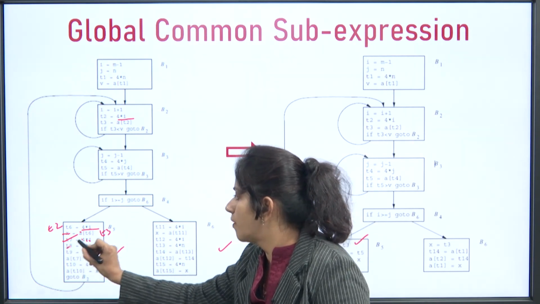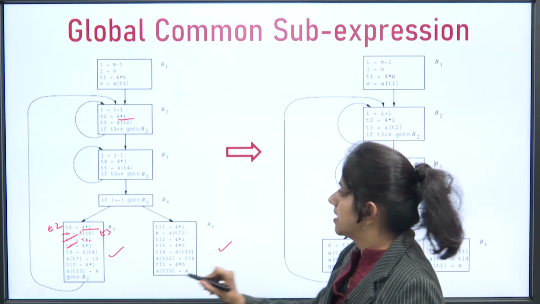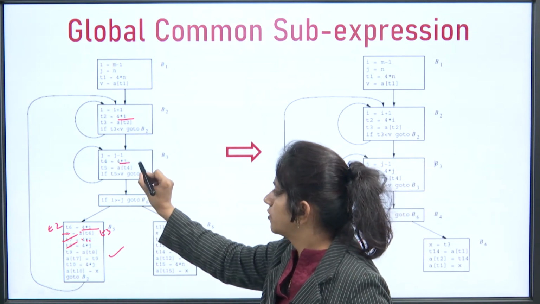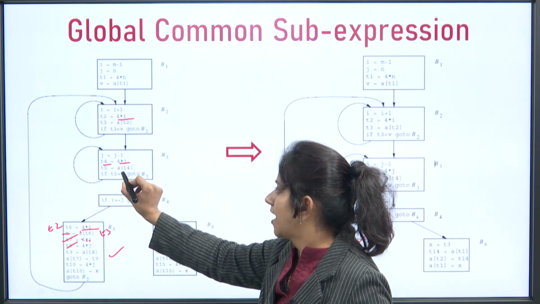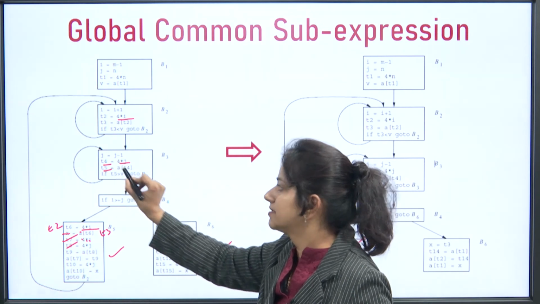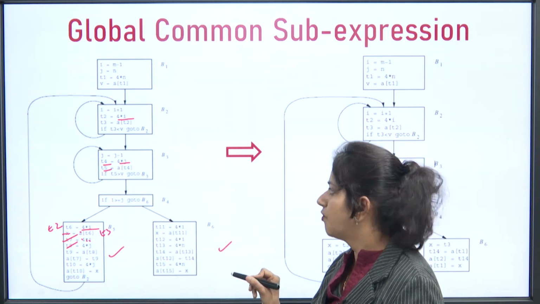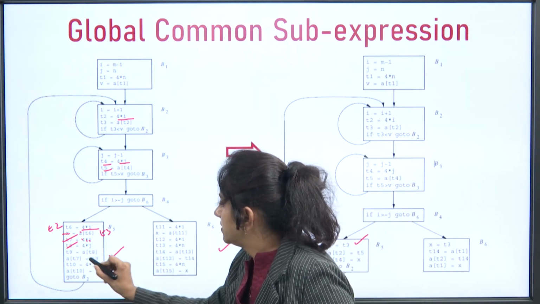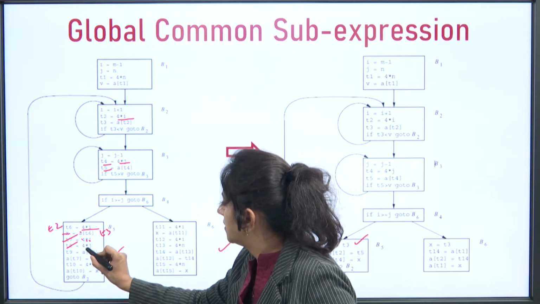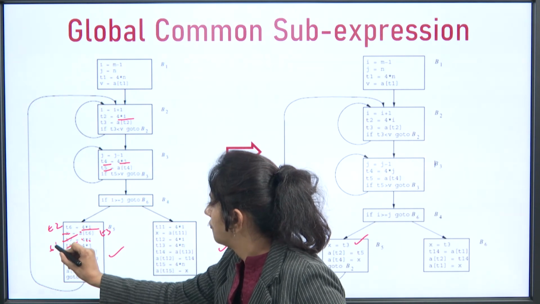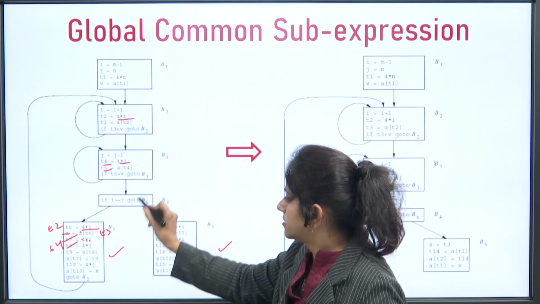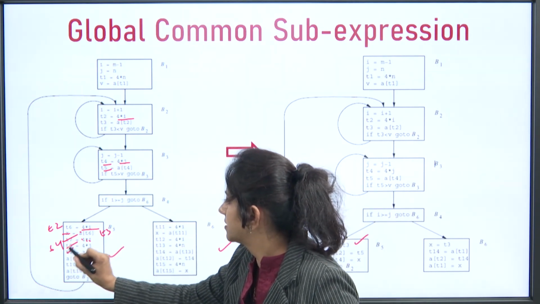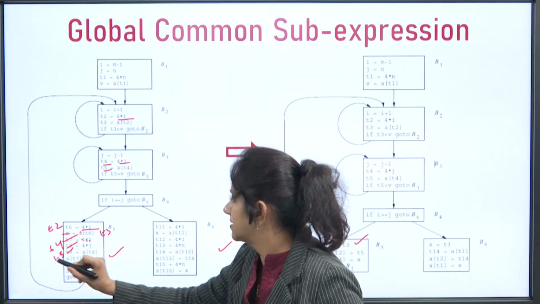T8 is equal to 4 into j. Now, look here, 4 into j, this one is T4, and A at T4 will give us T5. So this is actually T4 and A at T4 is giving us T5. So this will be T5, we can say T9.